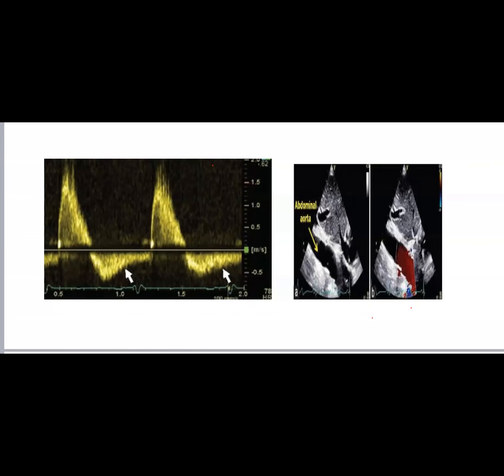Because the AR comes back from the descending aorta, it must be severe. So in the abdominal aorta, probably we don't have to go quantitatively, but in the descending aorta, we have to. Okay?